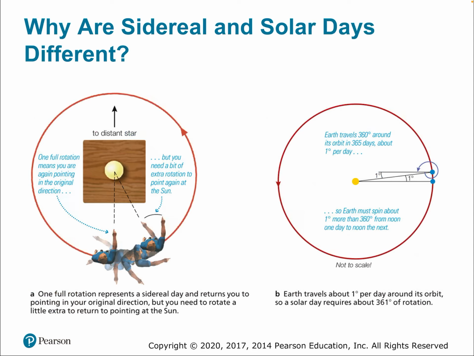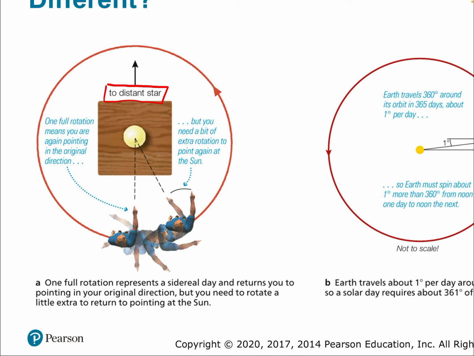Well, let's visualize it here. Here is Earth completing a rotation. Somewhere far away, so far away that it doesn't effectively move relative to us, no parallax, we are on some point on the Earth represented as this individual's arm. Then that arm is going to turn just as the Earth turns, and it's going to take 24 hours to complete that turn.